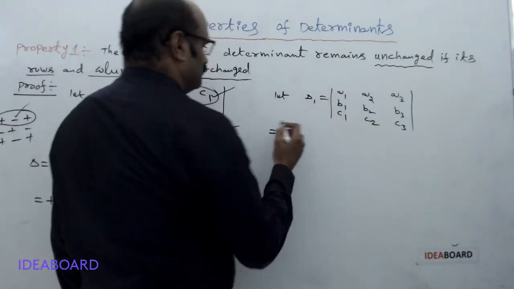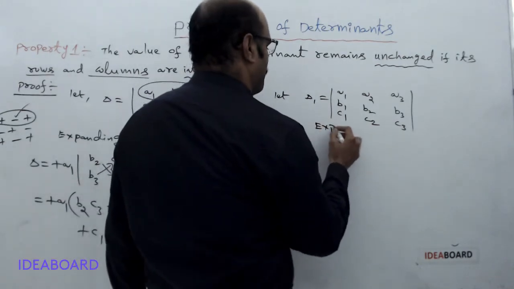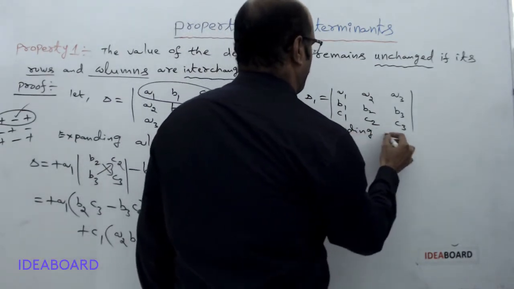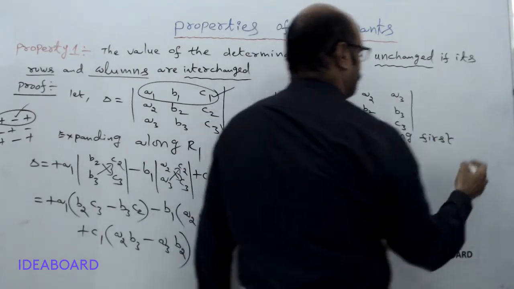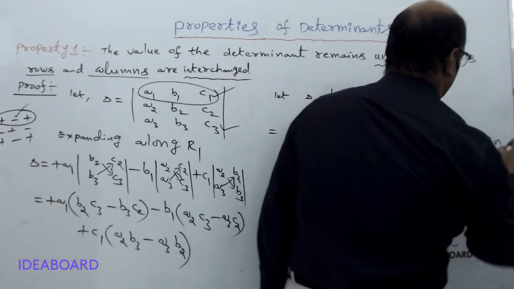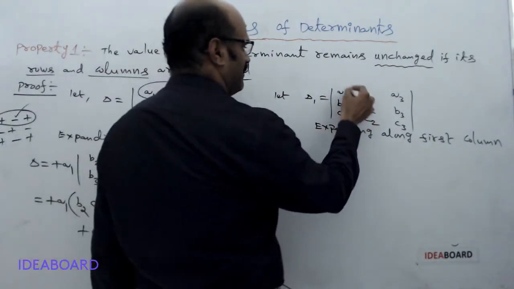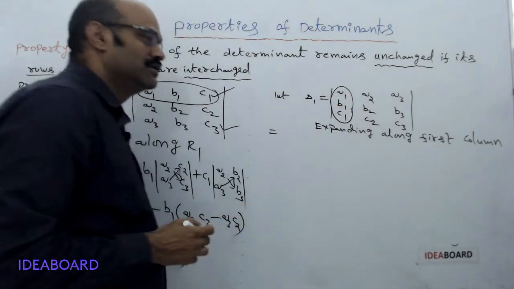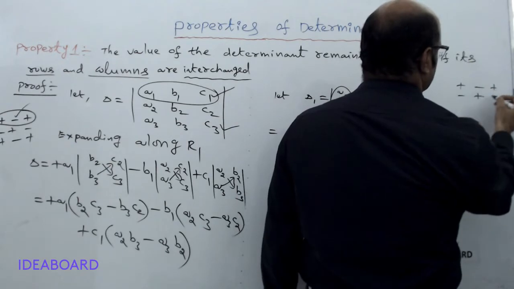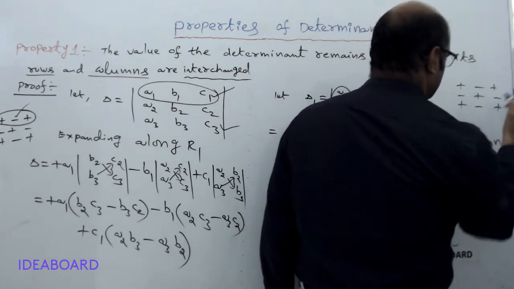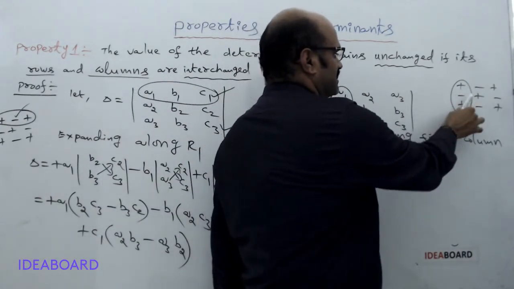Now it's equal to expanding along the first column. Expanding along the first column, we have the signs plus, minus, plus, minus, plus, minus, plus, minus, plus. Along the first column we have the signs plus, minus, plus.